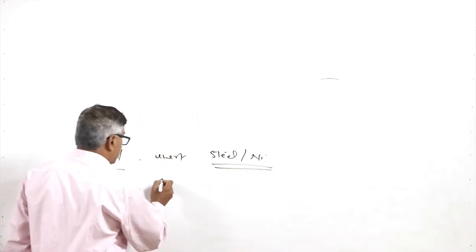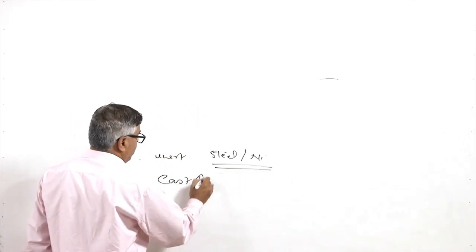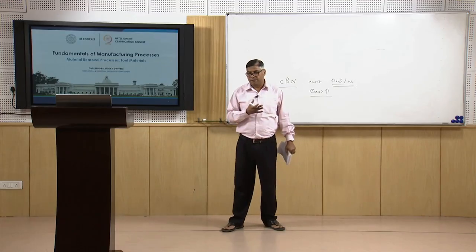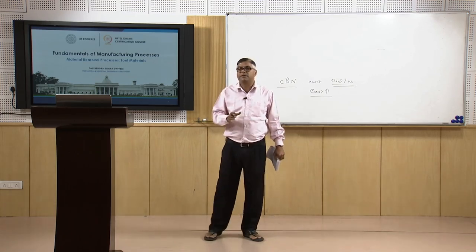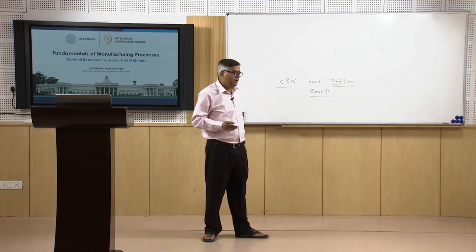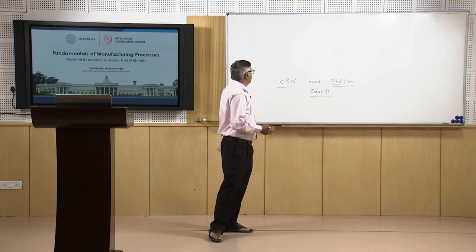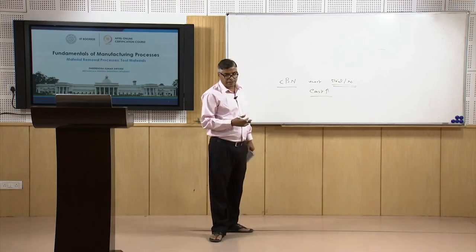But the cost of CBN is very high, that is why it is economically justified only when the volume of production is too high, or we need to work at high cutting speeds, so that we can afford cubic boron nitride effectively.